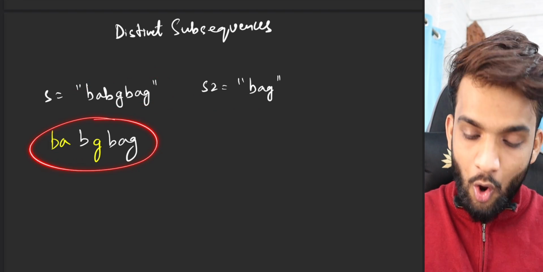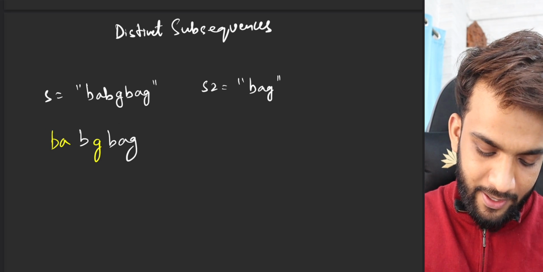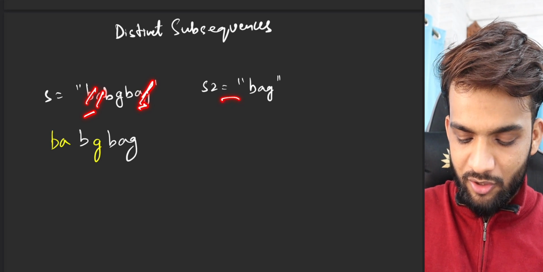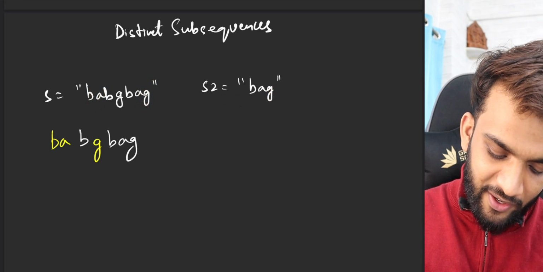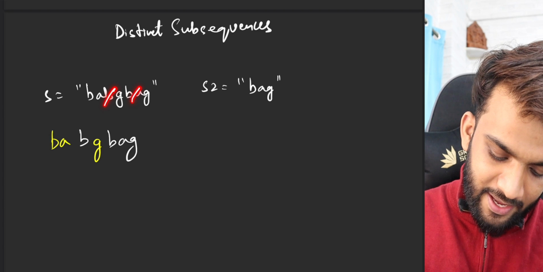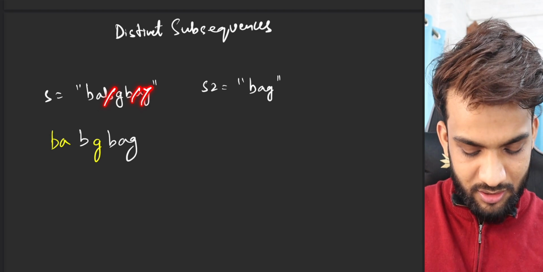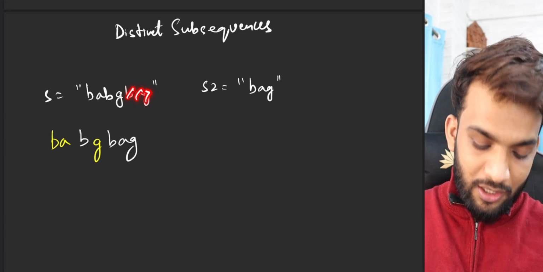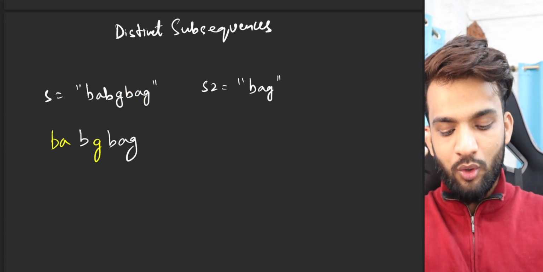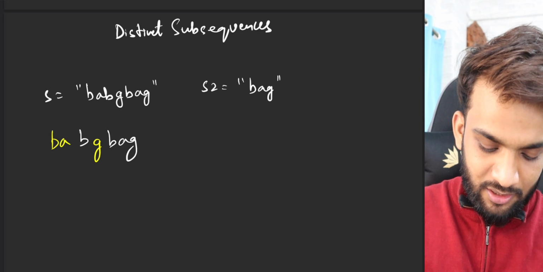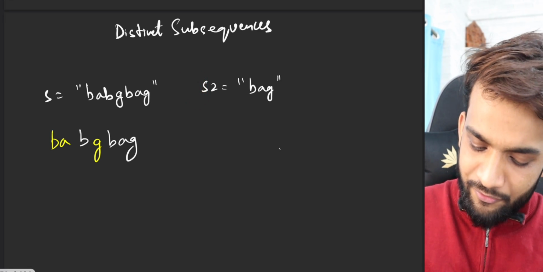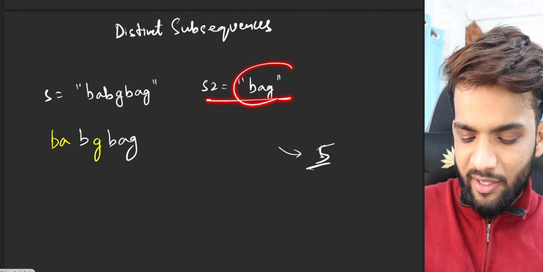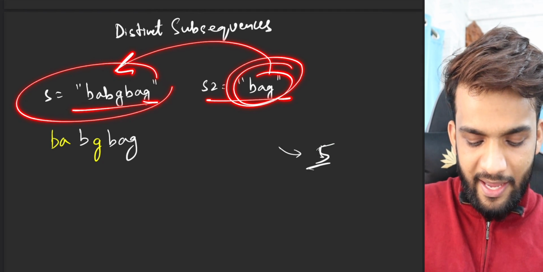So that's one occurrence. Similarly, if I take these three, there'll be another occurrence of BAG, correct? Similarly, if I take something like BAG, there will be another occurrence. In total there will be five occurrences of the string S2 in the string S1.